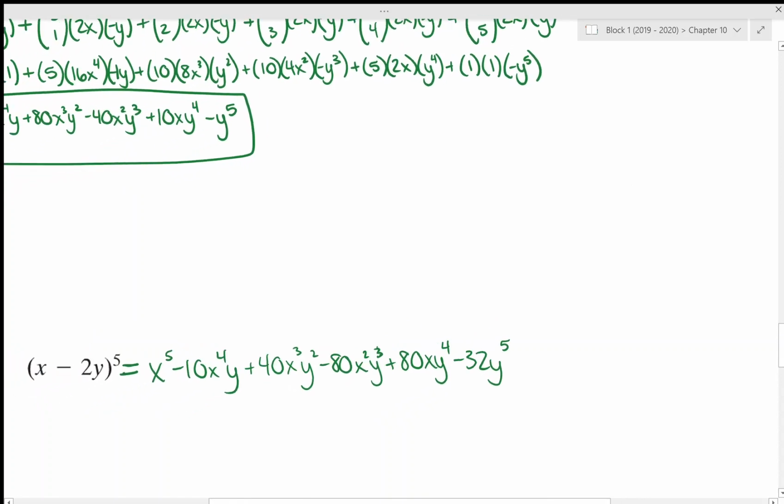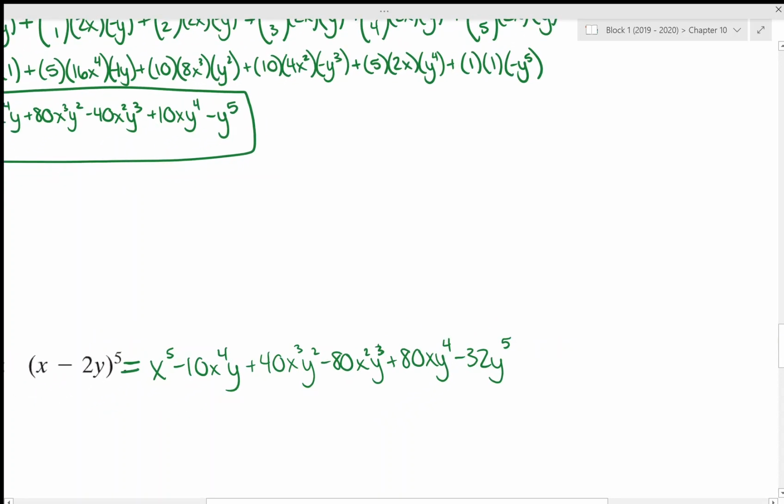Let me check that. So x to the 5th minus 10x to the 4th y plus 40x cubed y squared minus 80x squared y cubed plus 80xy to the fourth minus 32y to the fifth.